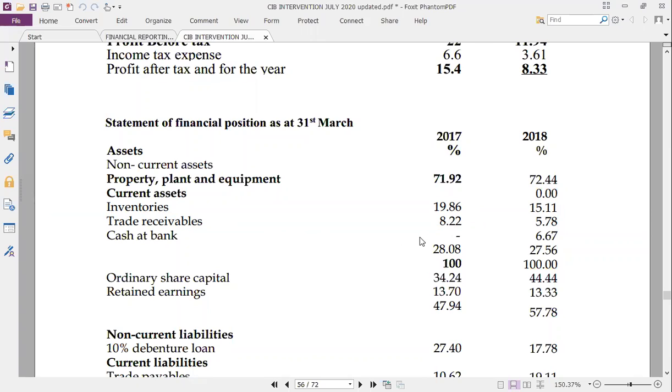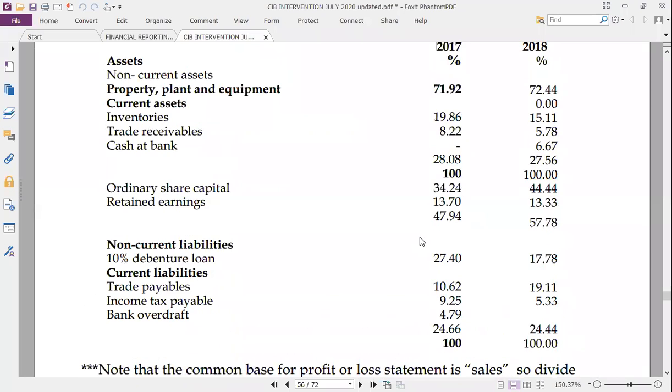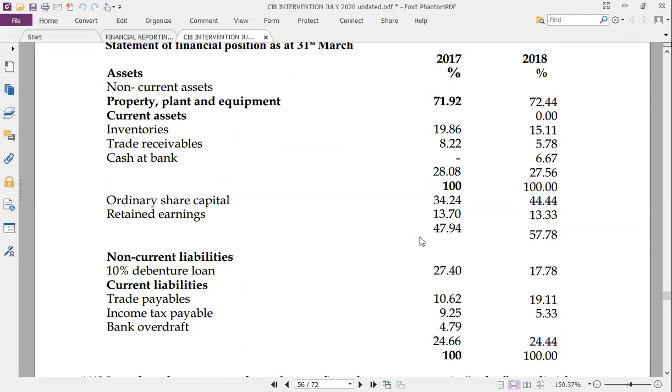In 2018, cash at bank represents 6.67% of total assets, which is better for the company's liquidity position.